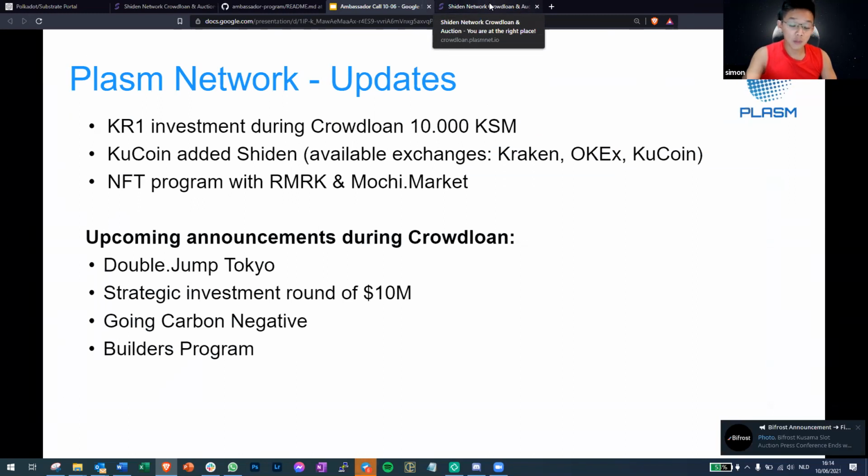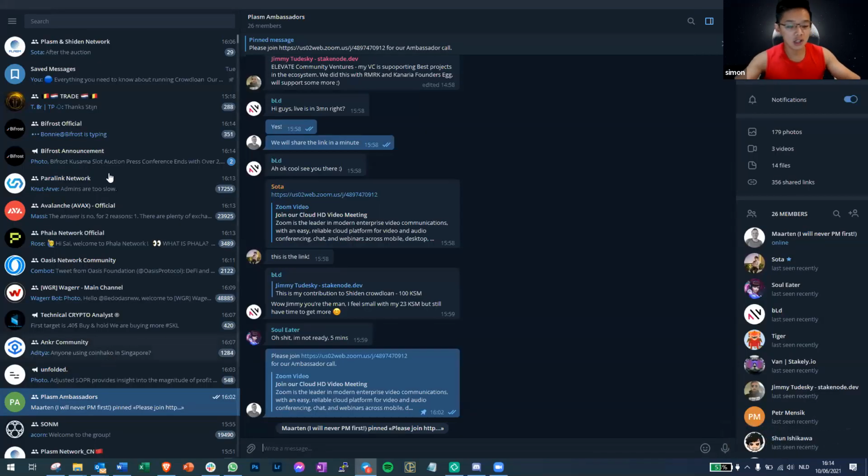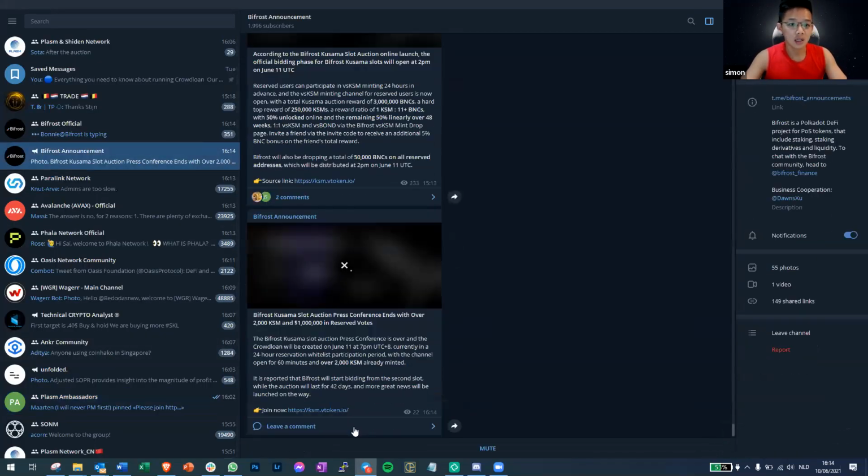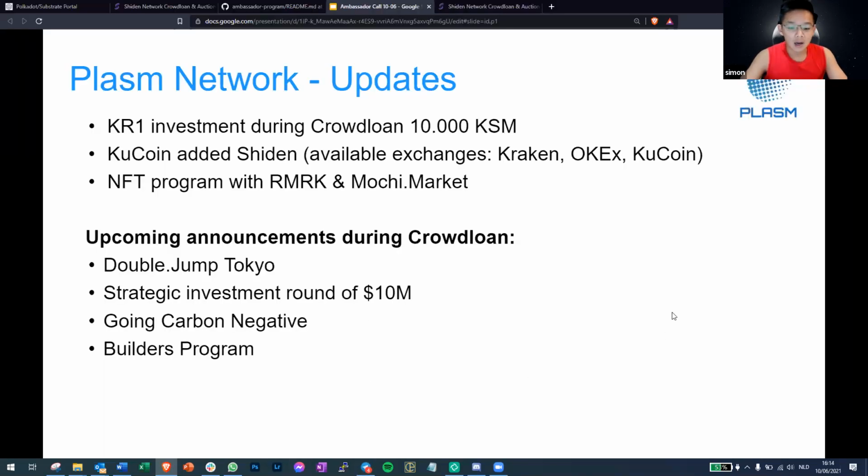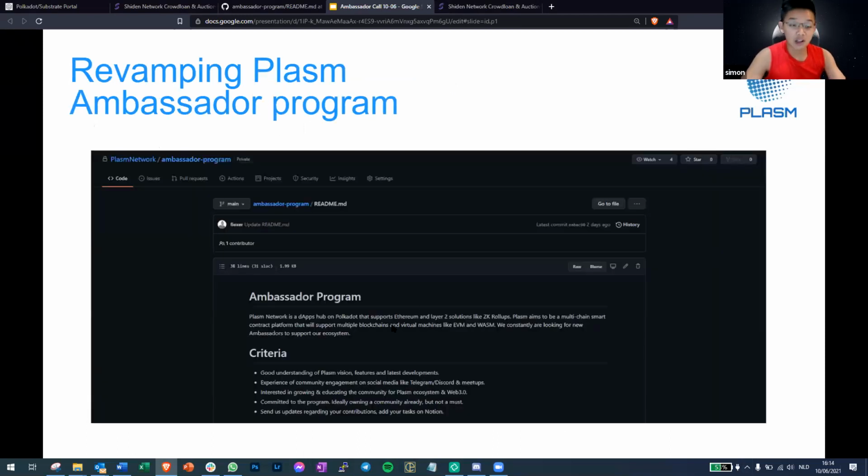And with more transparency, we are also able to figure out which areas we need to focus more attention on. Maybe, for example, if a particular region's community is not as big as other regions, why is that so, things like that. So that's really one of the key points as to why we want to revamp the ambassador program. And the other one is the structure, like what Martin shared earlier.